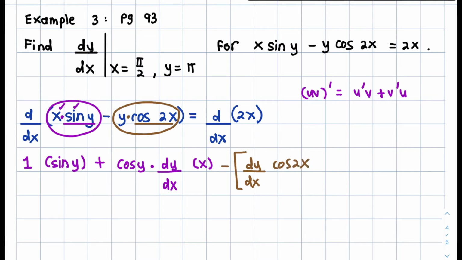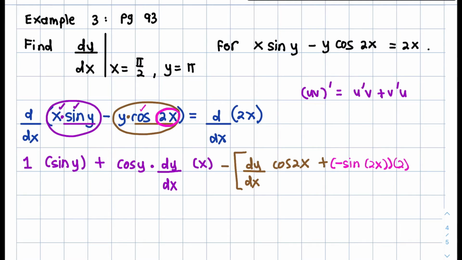Plus, differentiate cosine 2x will give you, now this one you have to be very careful because this is a chain rule. You have the outer function cosine and the inner function 2x. Differentiate cosine will give you negative sine of your inner function 2x. Close bracket. Now differentiate your inner function 2x, which gives you 2.